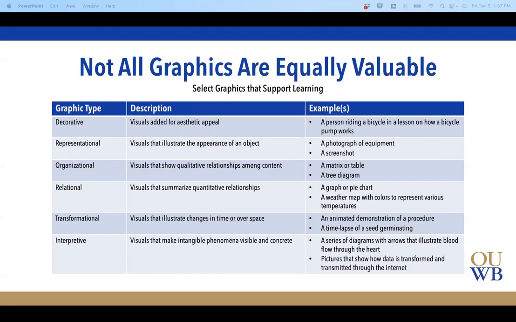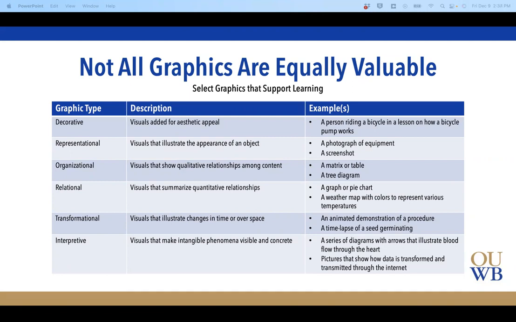And actually, in certain circumstances, there has been evidence shown that decorative images can actually have an adverse effect on learning. Again, if learners are investing that limited cognitive processing capacity looking at an image and not paying attention to how a bicycle pump works, that image may actually hurt learning in certain circumstances.